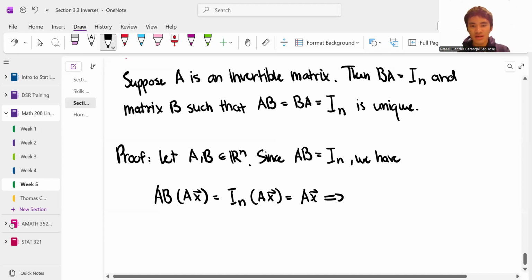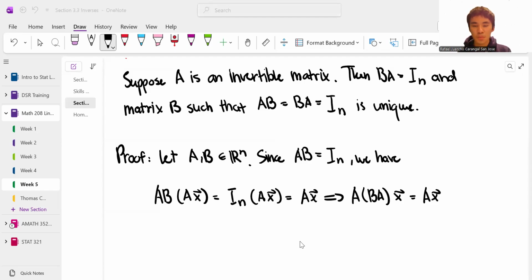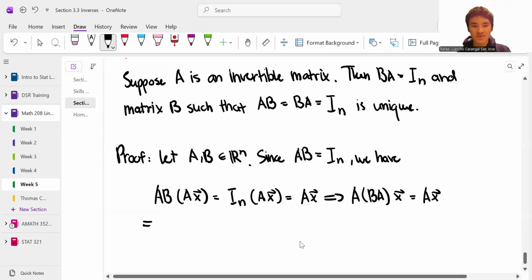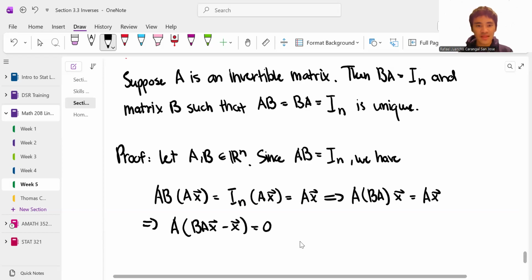And then we say A, BAX, which is the same thing as AX. What are we noticing? And then this is the same thing as, say we have A BAX minus X, which is a 0.